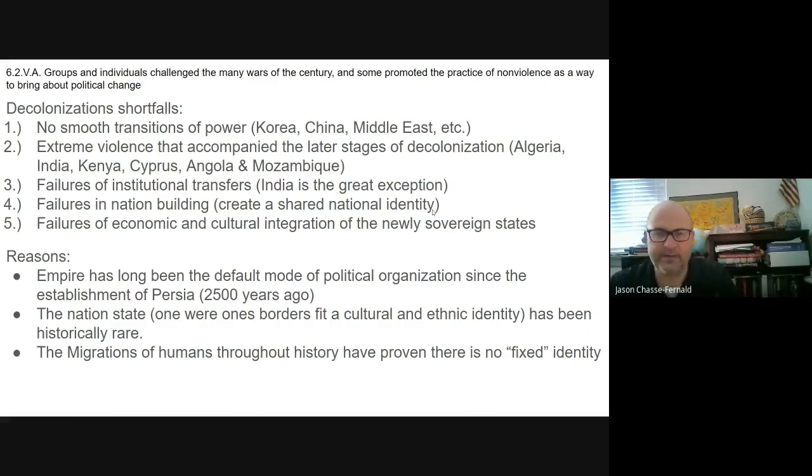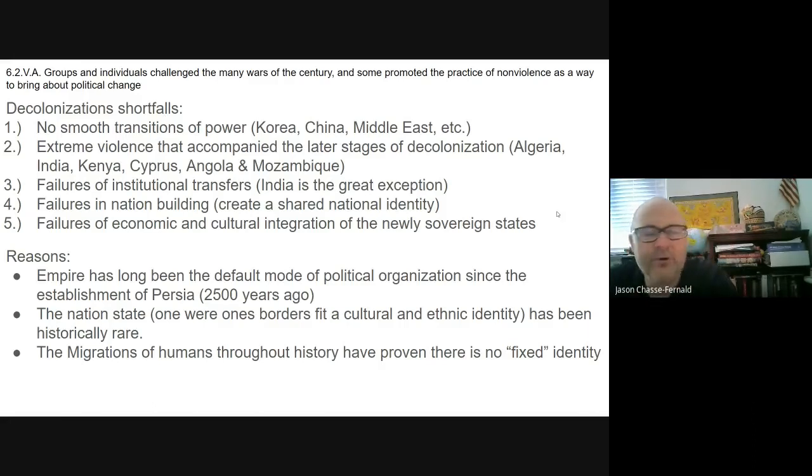Explanation is where you are in the point. All right, so drop the fact, that is necessary. Explanation is the shortcoming or the shortfall that many people face. So make sure you explain how your evidence answers the question. All right, so decolonization shortfalls.